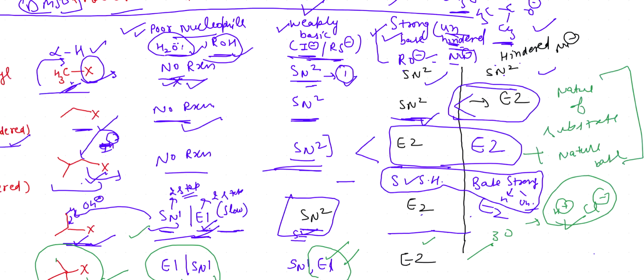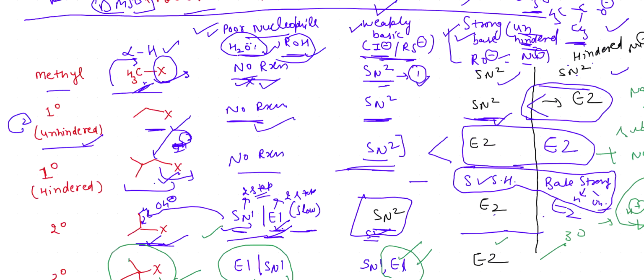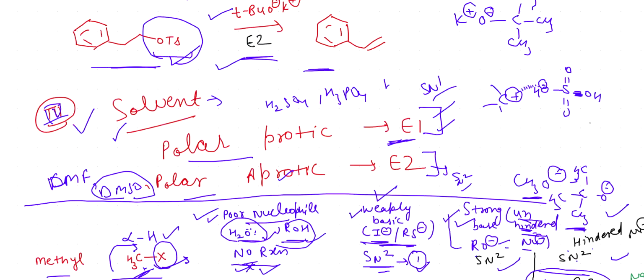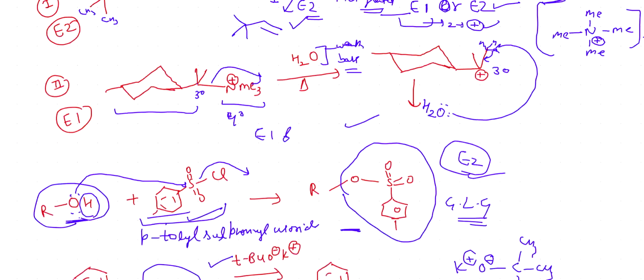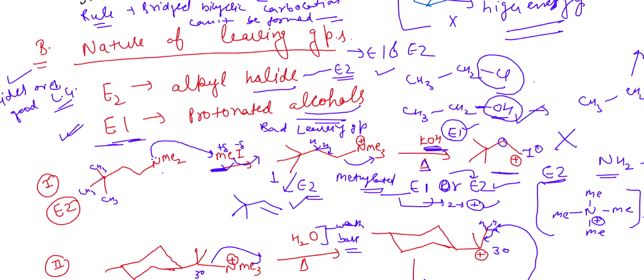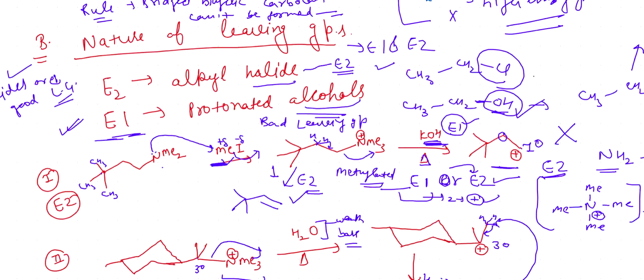So we have already discussed the nature of the solvent. In the nature of solvent, polar protic will favor E1, polar aprotic will favor E2 mechanism, as well as the nature of leaving group. If there was OH, then it would prefer to undergo E1 mechanism. Otherwise, it will be eliminated via E2 mechanism.